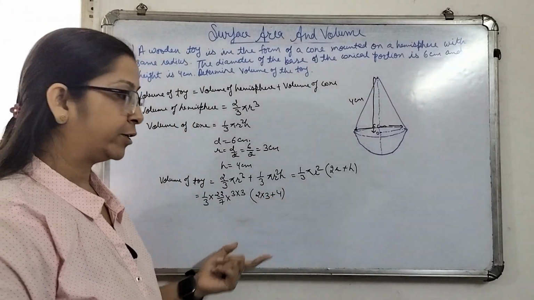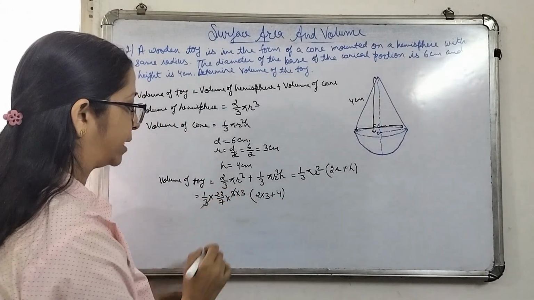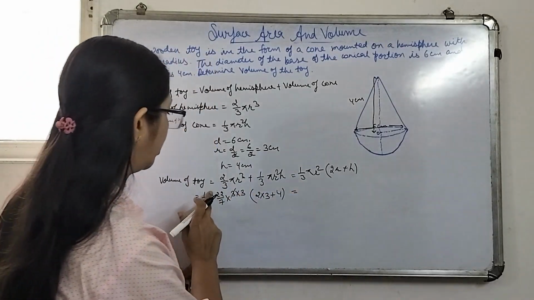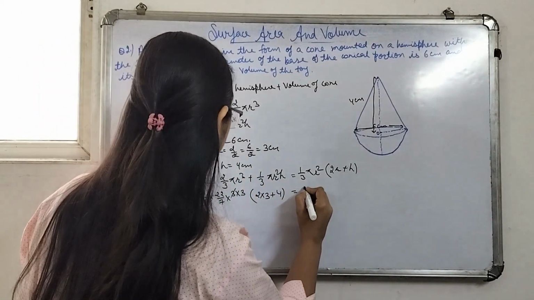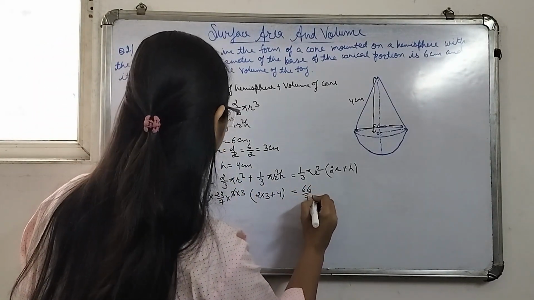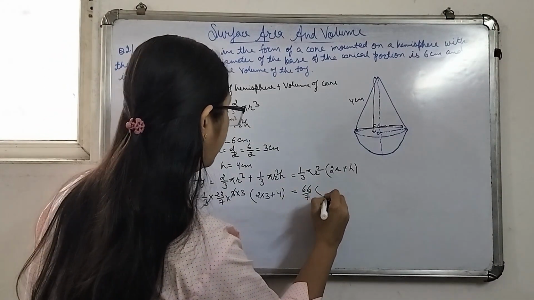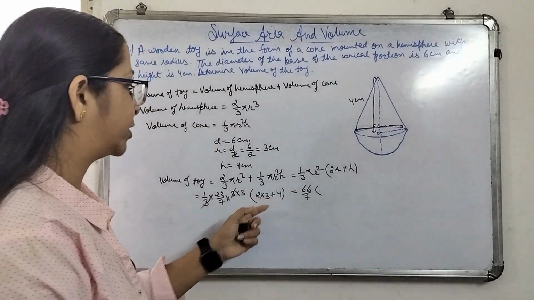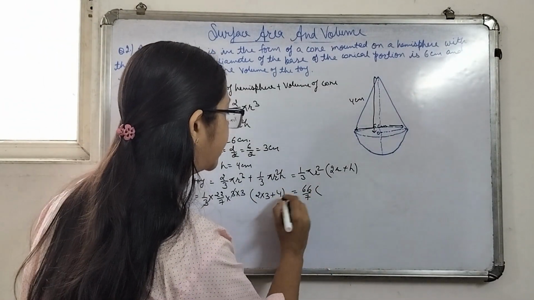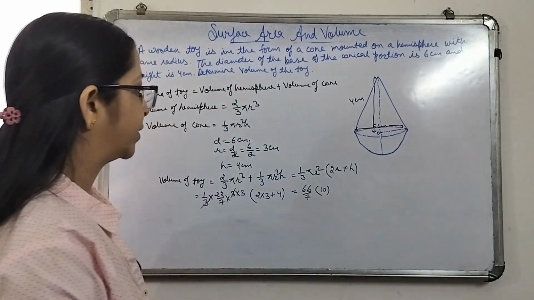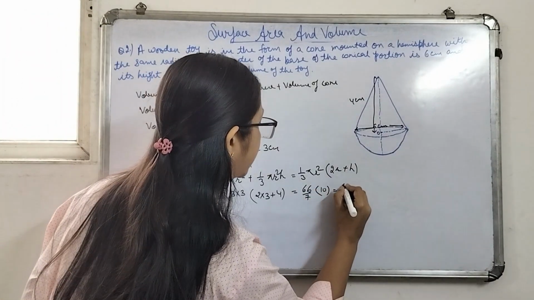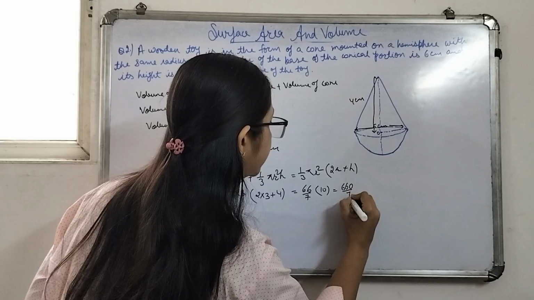Now we solve it further. This 3 can be cancelled. Remaining will be 22 into 3, that is 66 over 7. 2 multiplied by 3 is 6, and 6 plus 4 is 10. So it becomes 660 over 7.